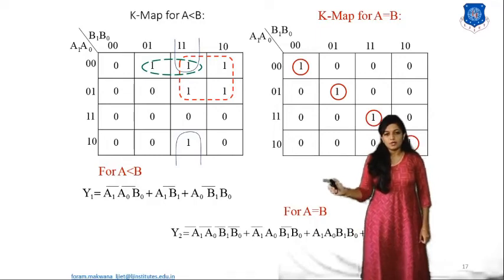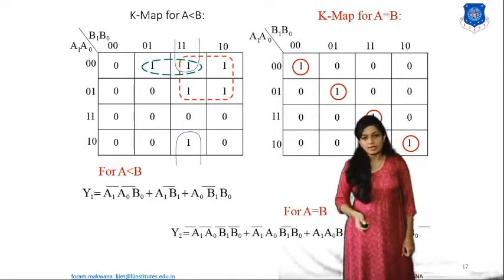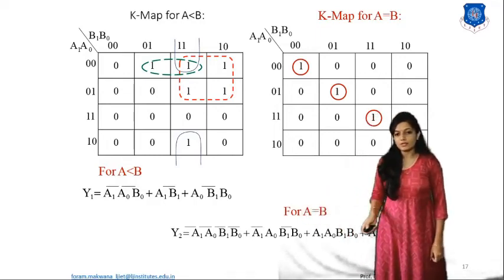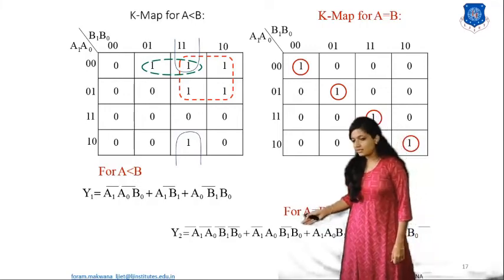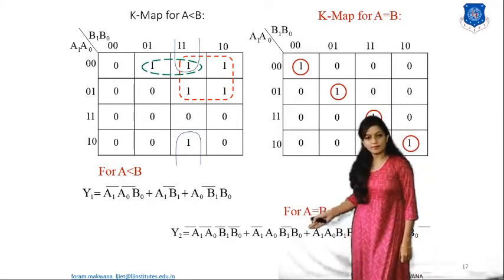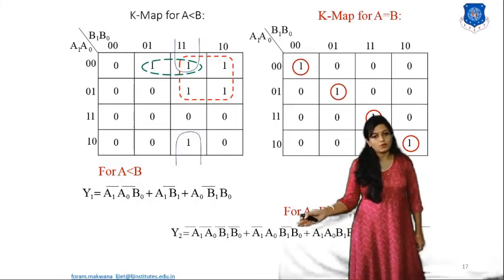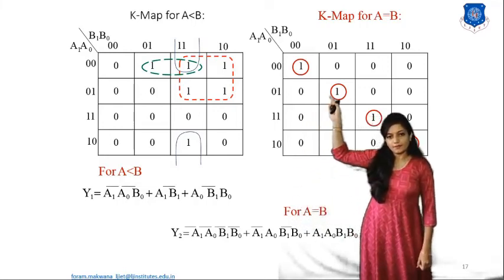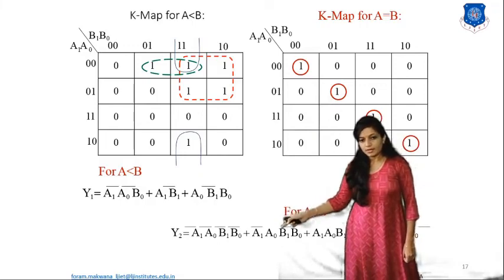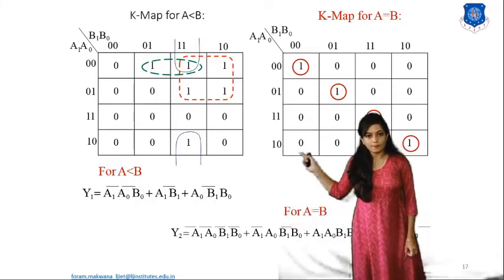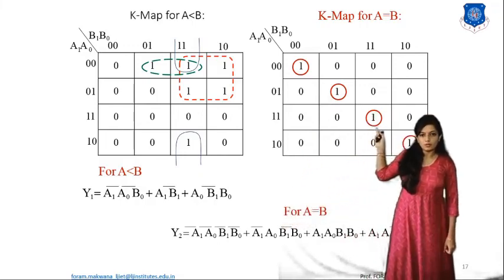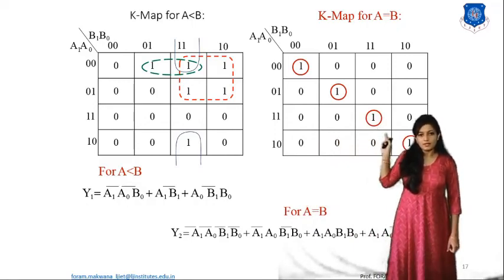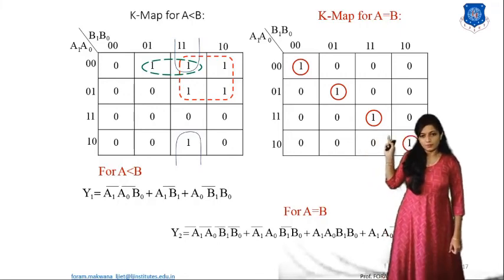The equation would be like this; we can directly write it. For 0: A1 bar, A0 bar, B1 bar, B0 bar. For 5: A1 bar, A0, B1 bar, B0. For 15: A1, A0, B1, B0.